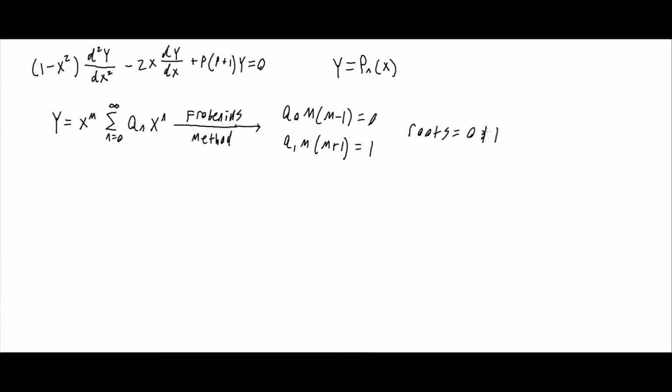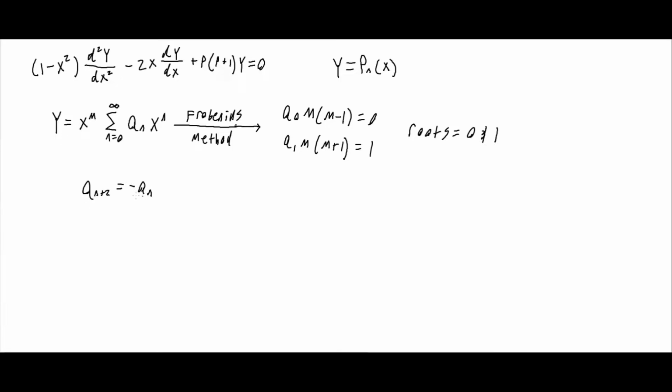And so we can obtain the coefficients. Once again, this would all be obtained through this Frobenius method, but I'm just going to skip over doing all the algebraic work here and cut right to the chase.